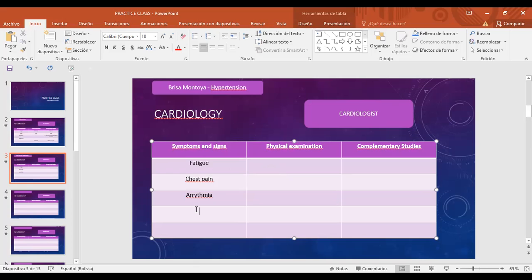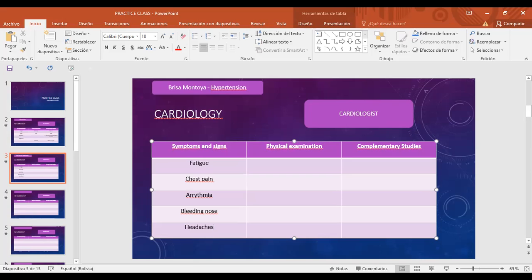Nosebleeds. Okay, bleeding nose. Yes, that would be more accurate than the other ones, okay? Any other? Headaches too. Okay, like this, right?